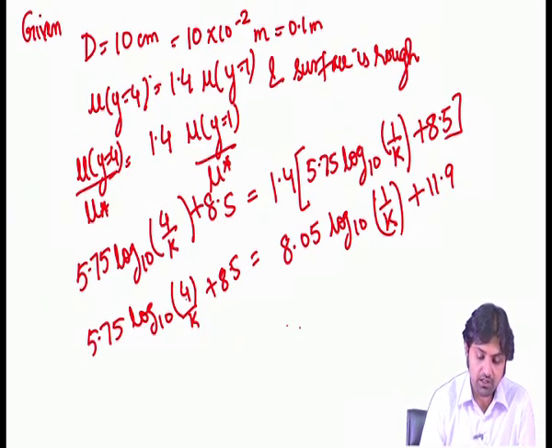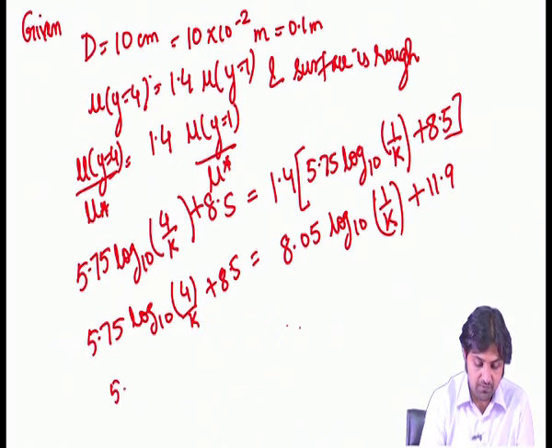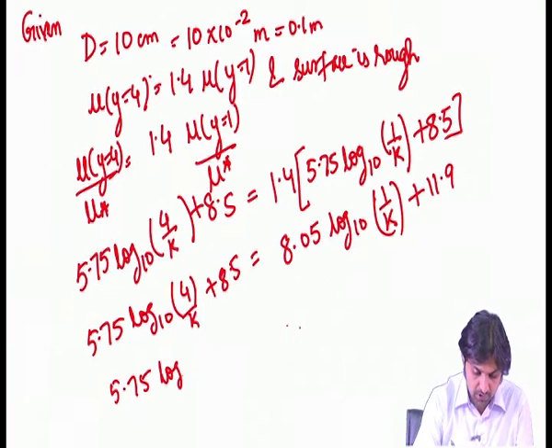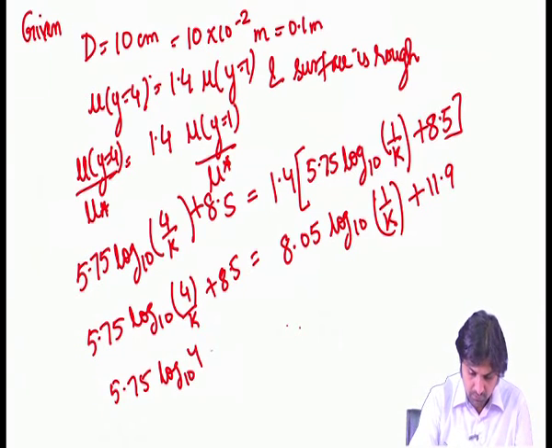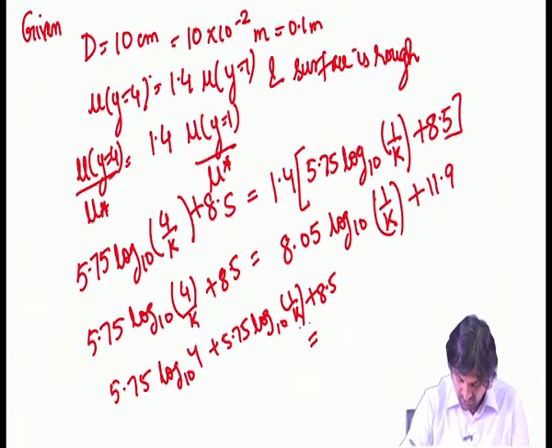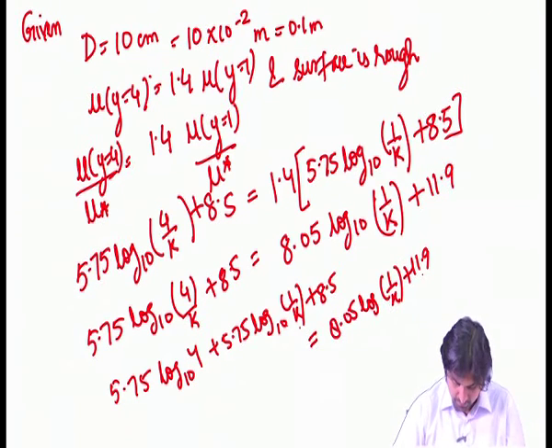So we will split the log, log 4 by k, we can write it 5.75 log 4 plus 5.75 log 1 by k plus 8.5 is equal to, we can write 8.05 log 1 by k plus 11.9.